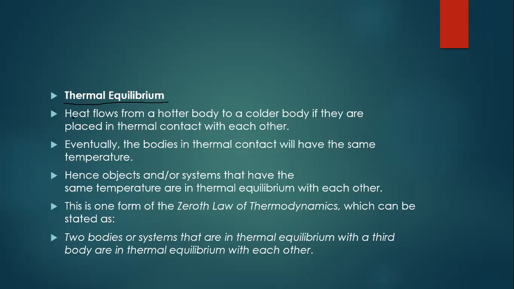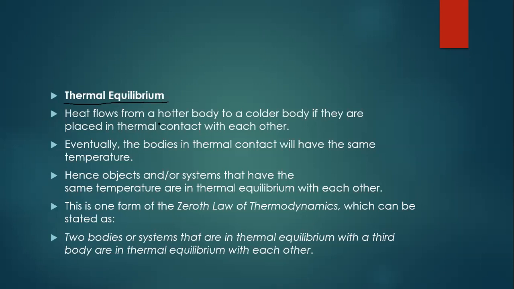So heat flows from a hotter body to a cold body. I'm sure we know that. If you have hot coals, and then you place a pot of water on a hot brazier, you expect the heat to start transferring from the brazier to the cold pot.